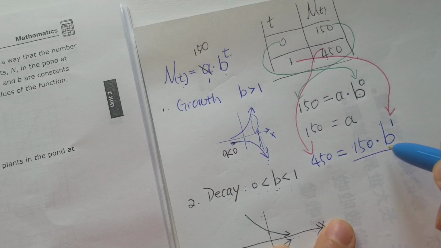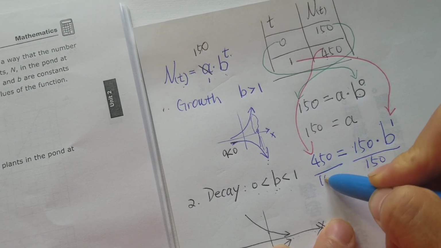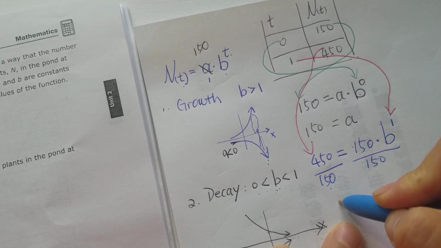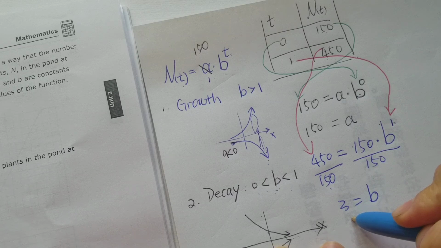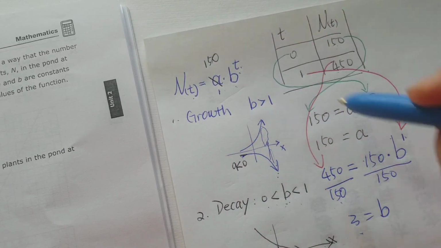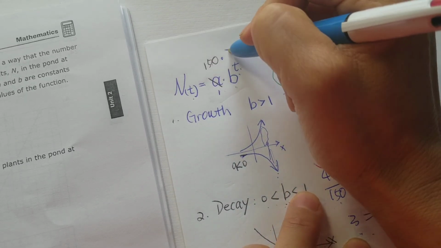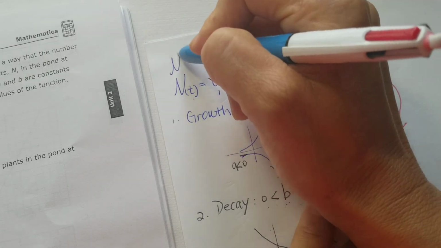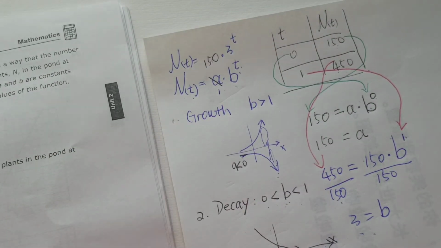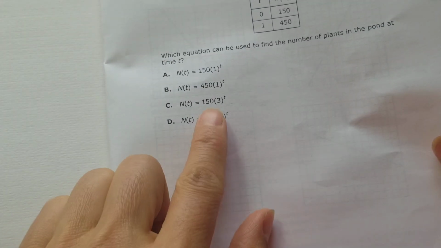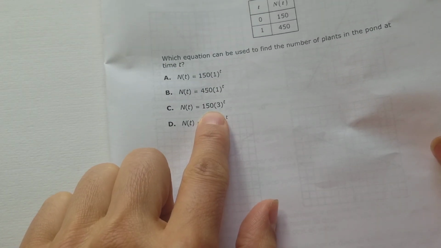Now divide by 150 on both sides. This is 3. My b to the power of 1, you can omit, equals 3. Substitute back here, we found b equals 3. N of t equals 150 times 3 to the power of t.